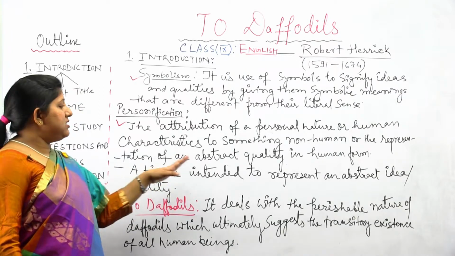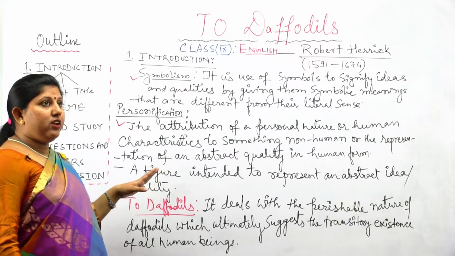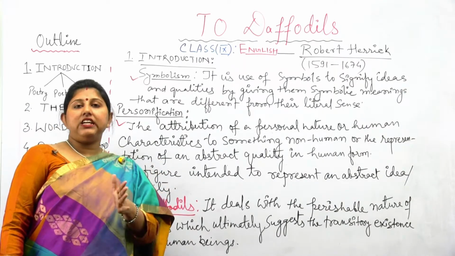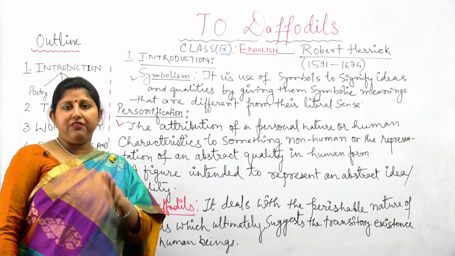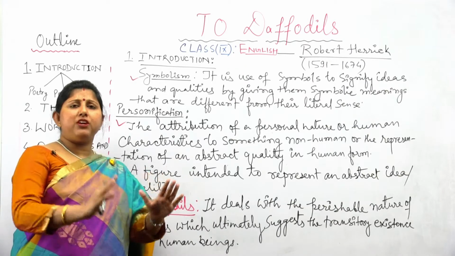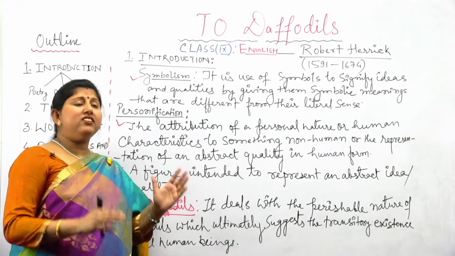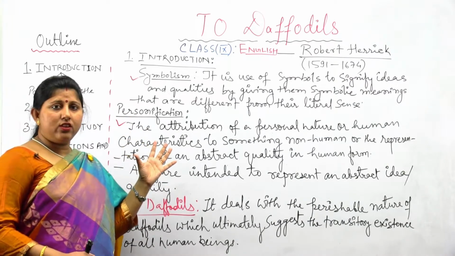A figure intended to represent an abstract idea or quality. If you are relating the nature of a non-living thing with a living thing, you are personifying that non-living object. That is called personification.